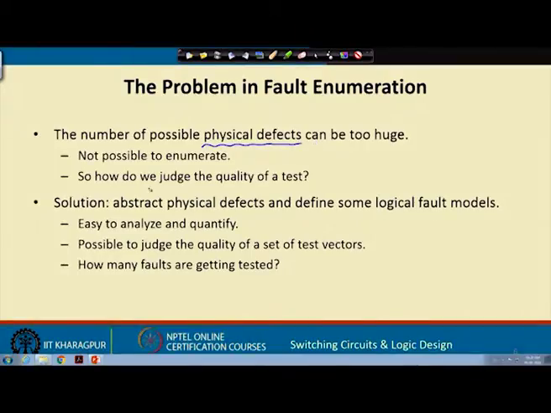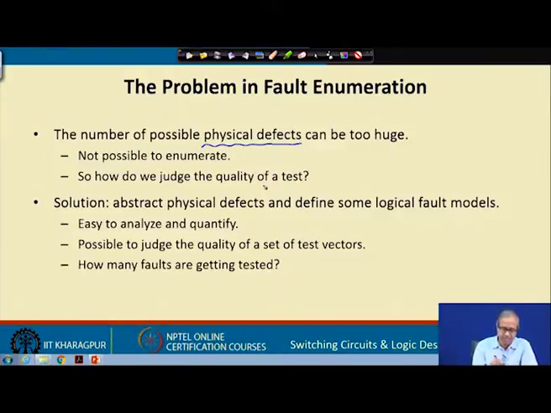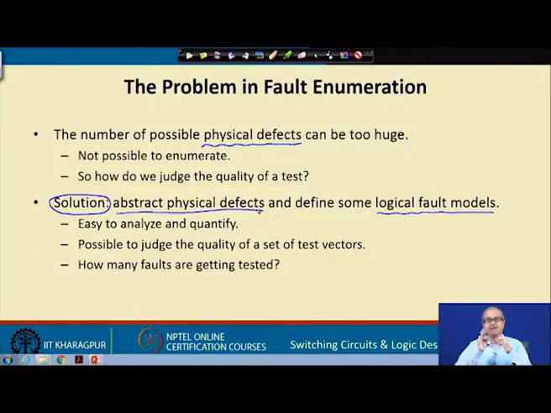So, how do you judge the quality of a test? The accepted solution in the industry is that you use something called logical fault models, where you are abstracting physical defects. You are not thinking about the actual physical defects, like a short circuit, open circuit, or a change in gain of a transistor. Rather, at a much higher level, you are abstracting the failures and thinking about faults occurring at some other level.